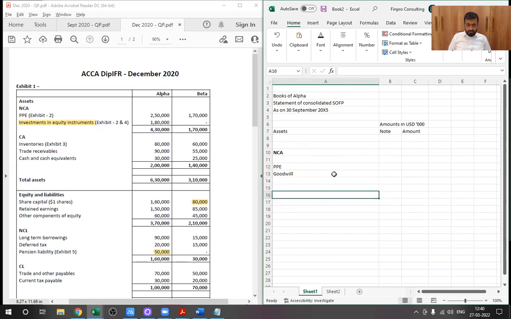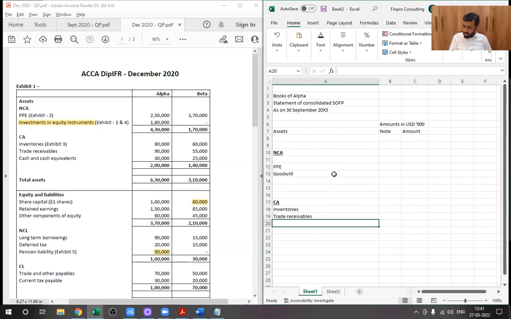Then leave a couple of spaces blank and go for the current assets. Current assets, you have inventories, you have trade receivables. You have read the adjustments and you know where there is adjustment, where there is no adjustment. So PP&E, we have adjustment, so we will make a working note for that.